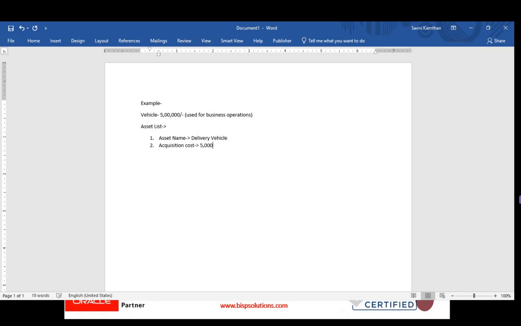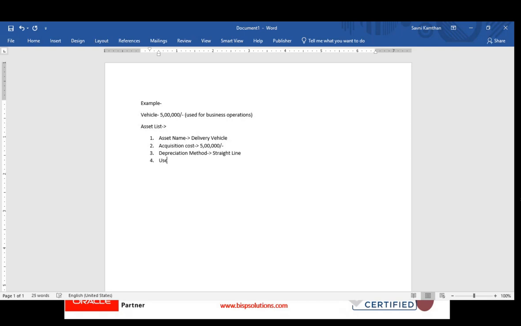We have purchased it for 5 lakh rupees. Then comes our depreciation method. What depreciation method will we be using in our organization? It may be straight line or declining, whatever we want. So we prefer the straight line method as of now.